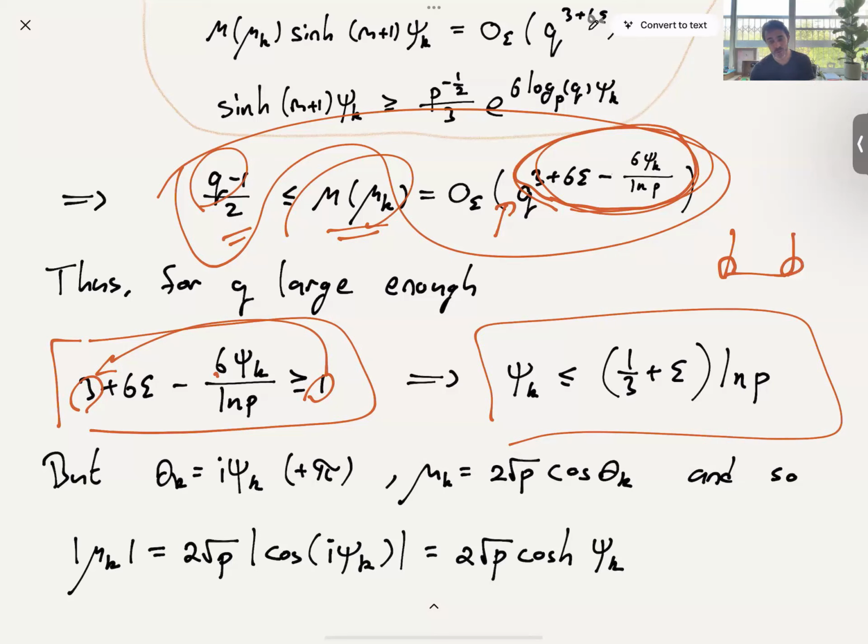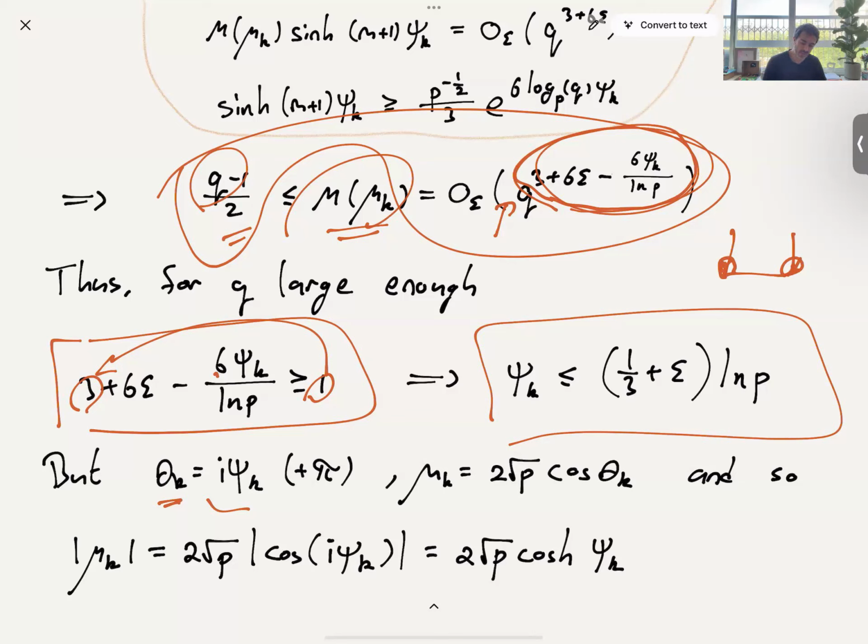We're using the fact that we know a bound on psi k. So we know that theta k is either i psi k or i psi k plus pi, depending on whether you sit here or here. And we know that mu k, that's the bijection that we have between the thetas and the mu's, is 2 square root of p times cosine of theta k.